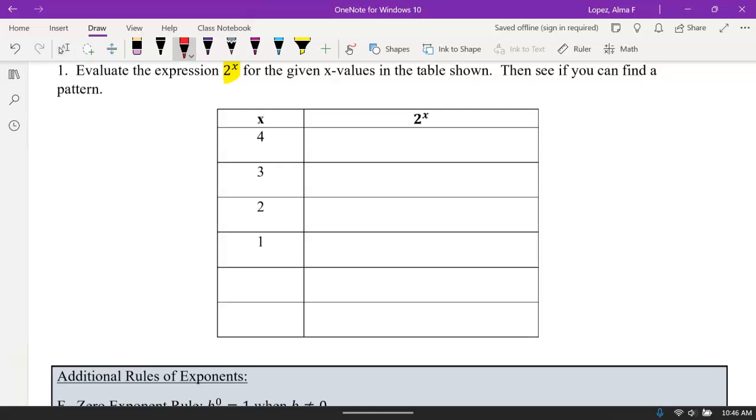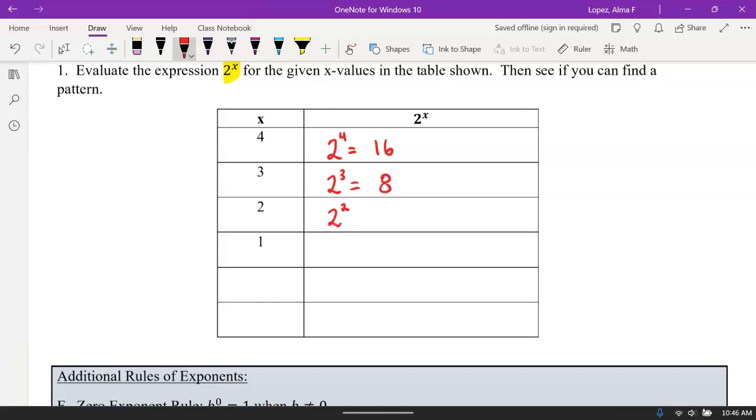Okay? So let's see. If I plug this x in for that x in the little expression, 2 to the 4th power means 2 times 2 times 2 times 2, or 16. Okay. If we raise it to the 3rd power, it'll be 2 to the 3rd power, which is 8.